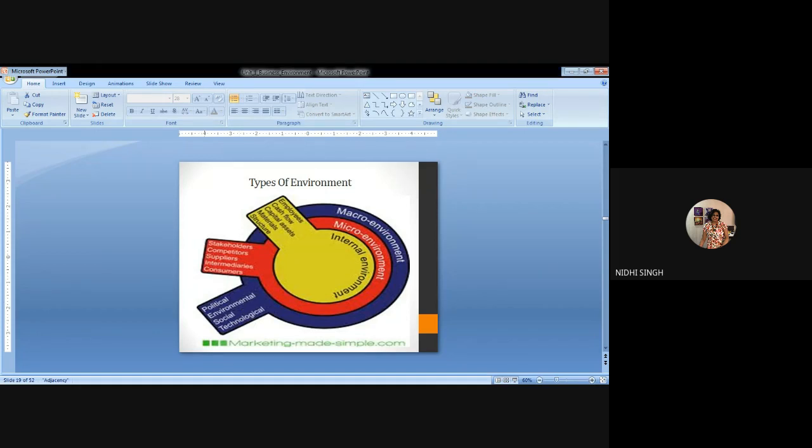Anyone? Ma'am, a customer is someone who purchases the particular good, and a consumer is the one who purchases the good and is the last user of that particular good. Anyone else? So customer purchases items and consumer consumes that purchased item.